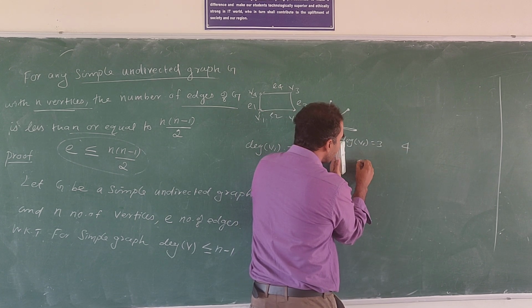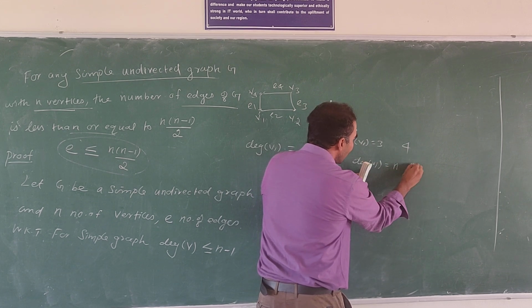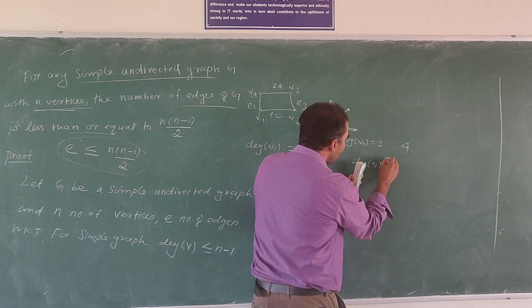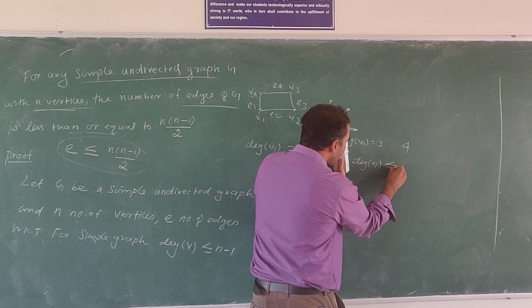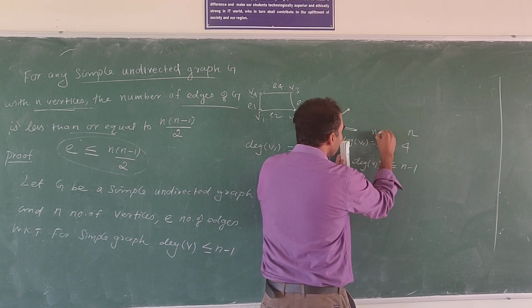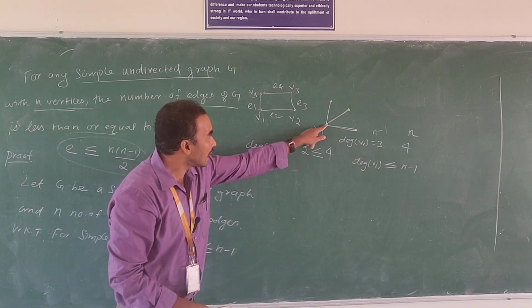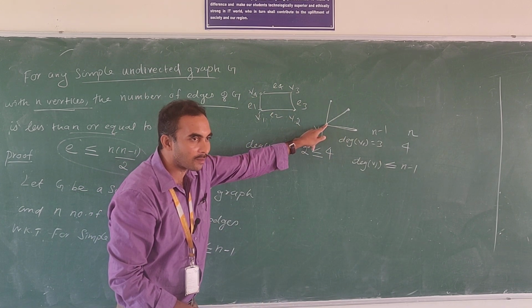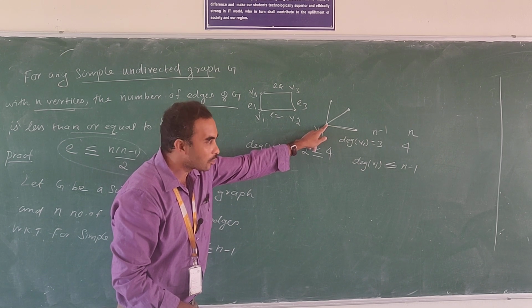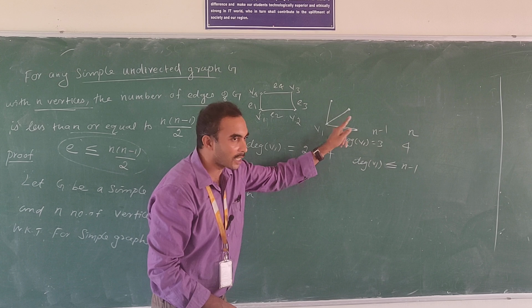So in general we can write degree of V1 is less than or equal to n minus 1, because this is n, this is n minus 1. It carries the utmost degree. So the degree of V1 should not be equal to n or greater than n.